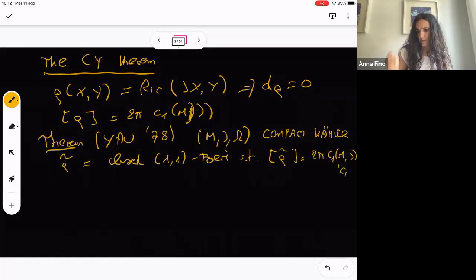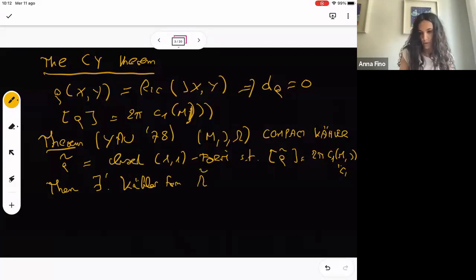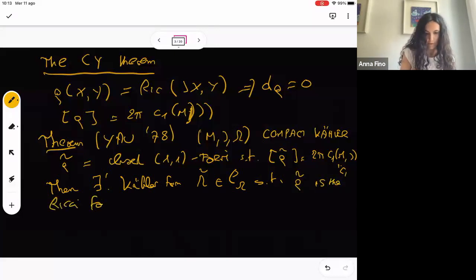I will denote this just by c_1 to simplify things. Then what Yau showed is that there exists a unique Kähler form omega-tilde in the class C_omega that I defined before, so an element of the Kähler cone, such that rho-tilde is the Ricci form of the new Kähler structure.